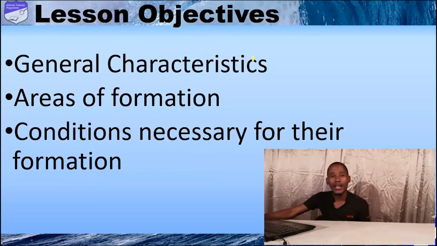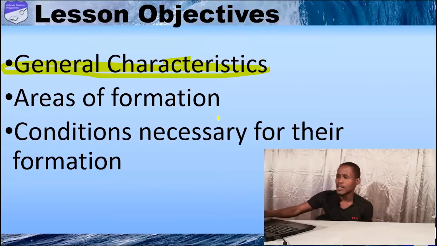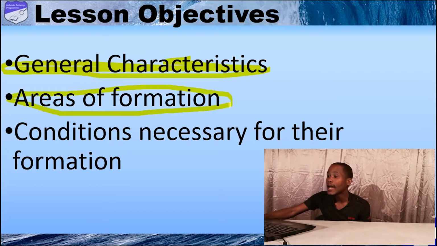We're going to look at the general characteristics of a cyclone, just like we did previously with the mid-latitude cyclone. This is where I'm just going to mention general characteristics, like the topic says, anything that applies to tropical cyclones. Then we're going to look at areas of formation, where exactly these tropical cyclones form.